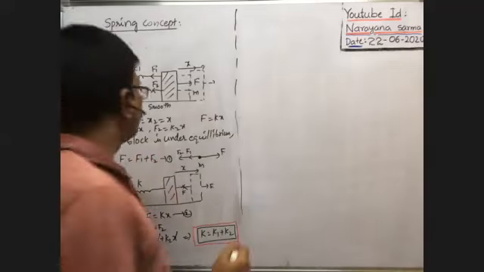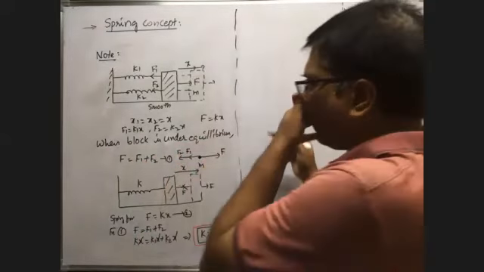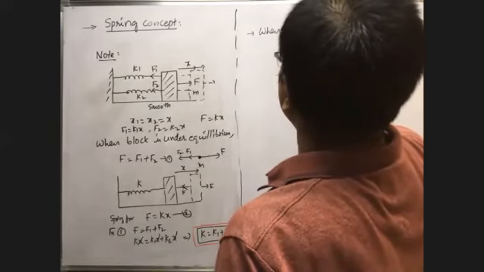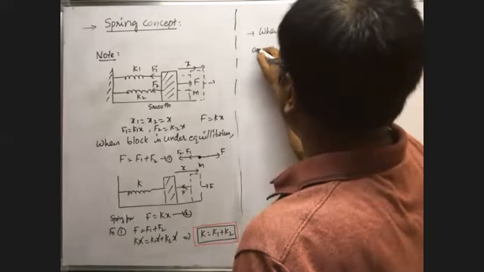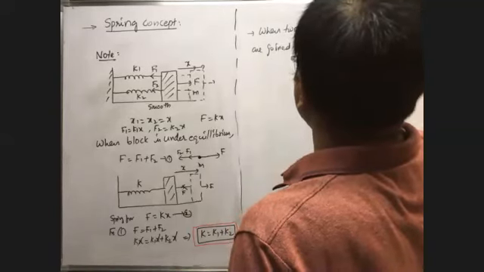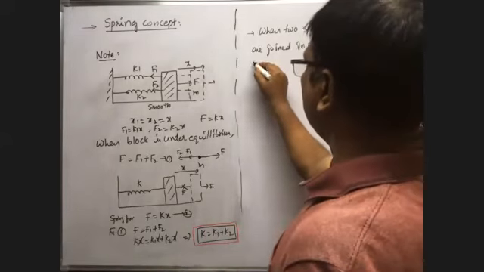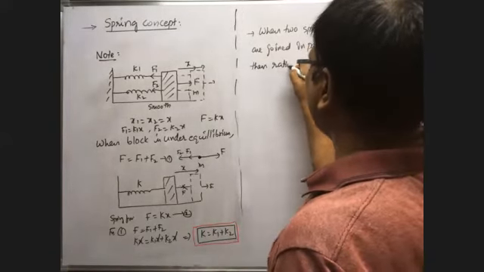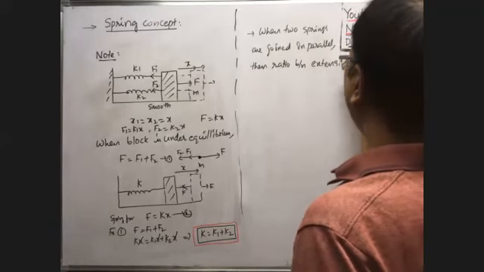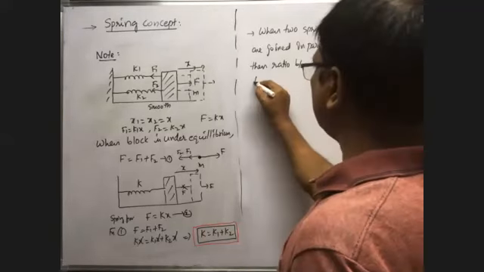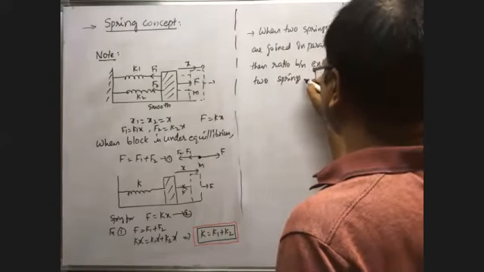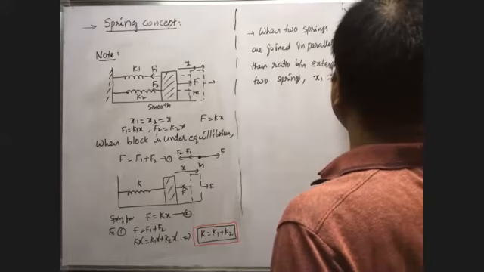Right, next. When two springs are joined in parallel, what is the ratio between the extensions of the two springs? x1 is to x2 is equal to dash.